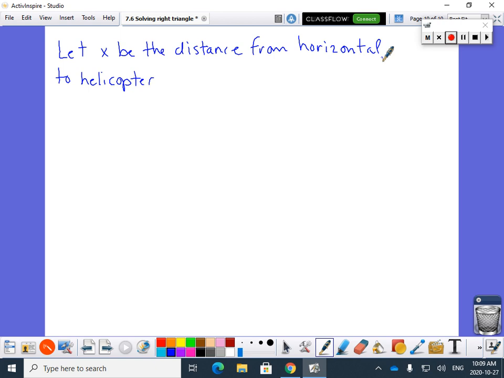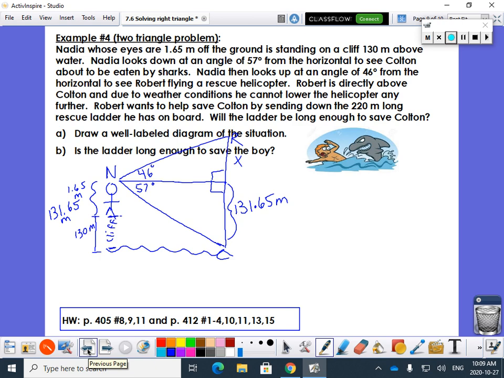Let x be the distance from the horizontal to the helicopter. I'm sorry, that wasn't very nice writing there. Does that make sense? X is from the horizontal up to the helicopter.